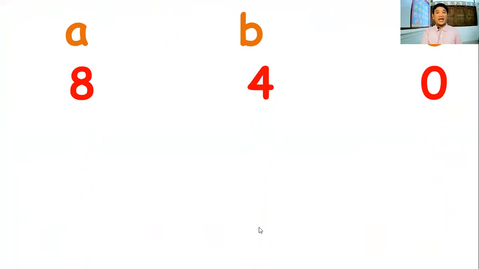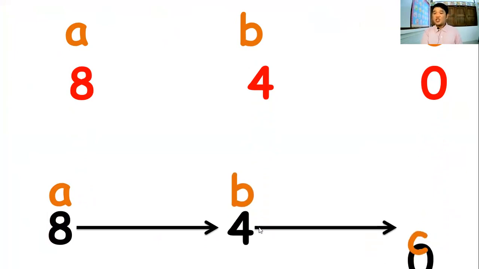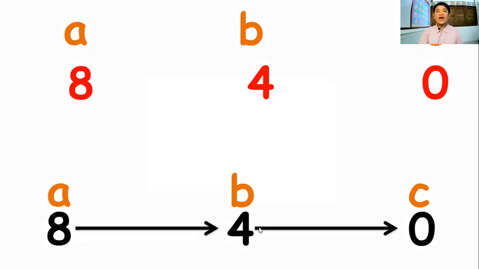The answer starts from letter A. It's 8. Next is letter B, 4. And then next is letter C. It's 0. So that is how you order the numbers from greatest to smallest. Okay?